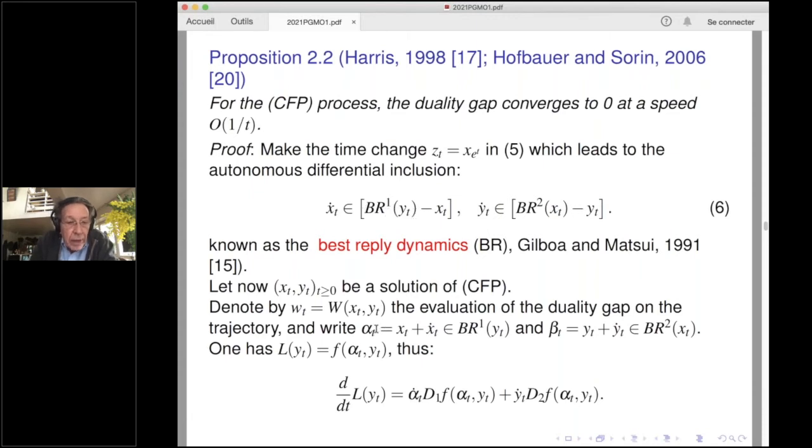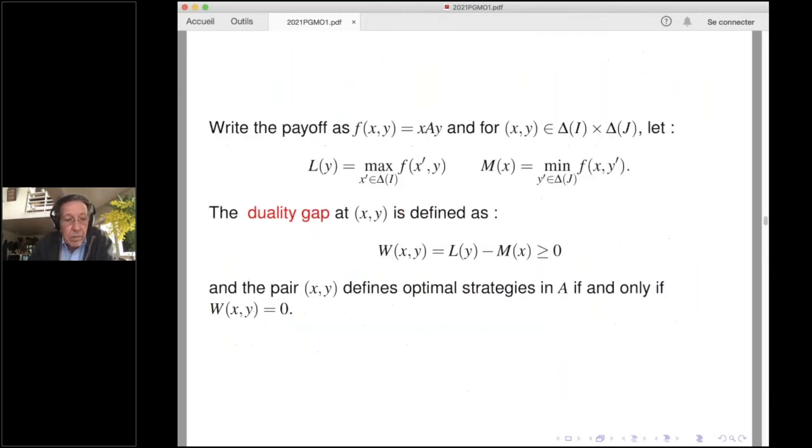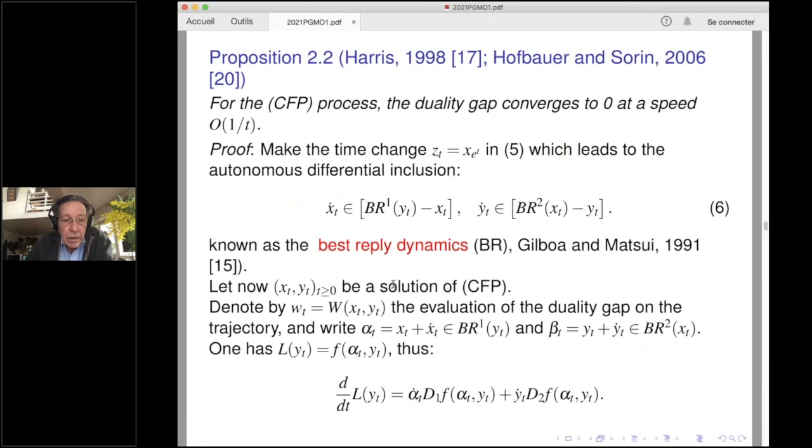So if I denote by alpha t this quantity, I have alpha t in BR1 of y t, and similarly beta t is in the set of best replies to x t. Remember that by definition, L is given by the max, where x prime belongs to the set of best replies to y. So it means that L of y t is realized at alpha t.